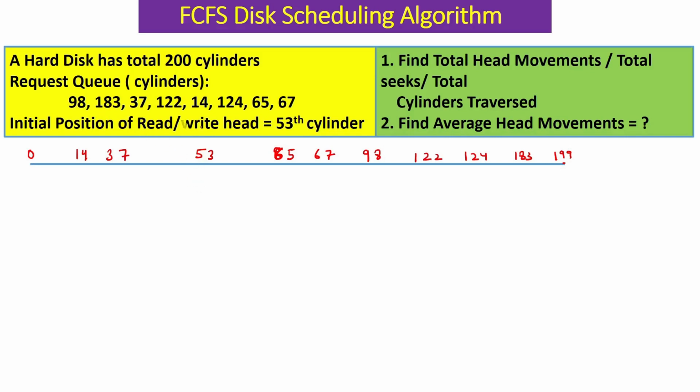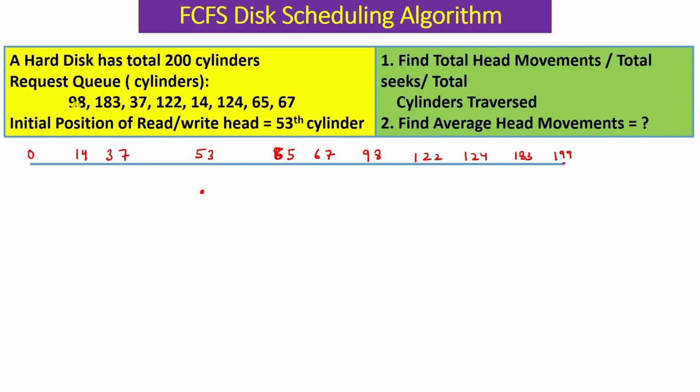Currently, or initially, my read write head is on the 53rd cylinder, so I'll draw that my read write head is here. Now, as time passes, I have to service all these requests. The first come first serve disk scheduling algorithm says that you service all these requests in the order in which they arrive in your request queue. So I am at the 53rd cylinder.